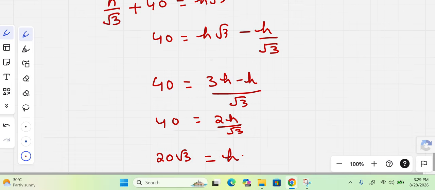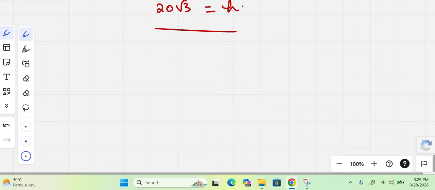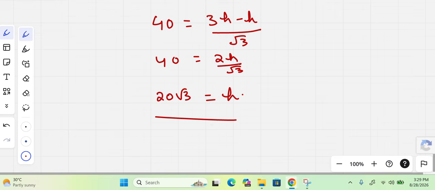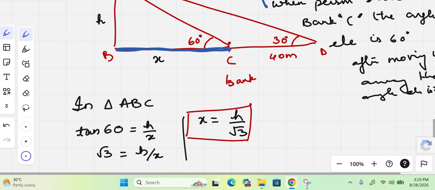Now what do we have to find? We have to find the height of the tree and width of the river. So if h is 20 root 3, we know x is also 20 root 3, isn't it? So what is width of the river?